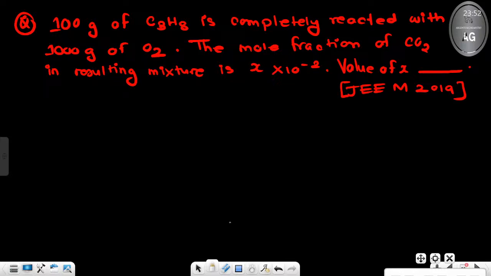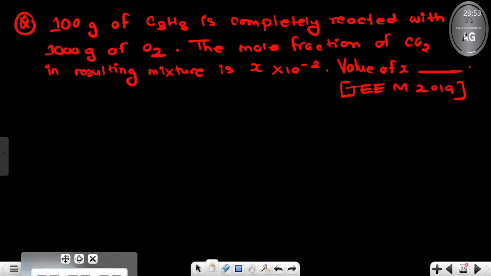Now first let us write the reaction because that's the first thing in this case. 100 gram of C3H8. So let us write the reaction. First let me copy the slide because I will need a few copies of this slide here.